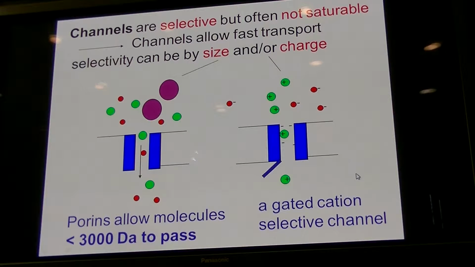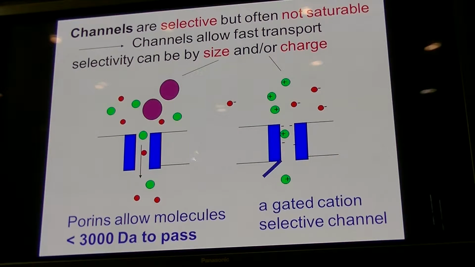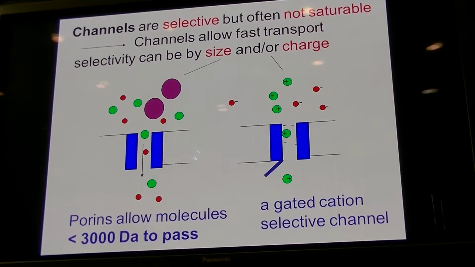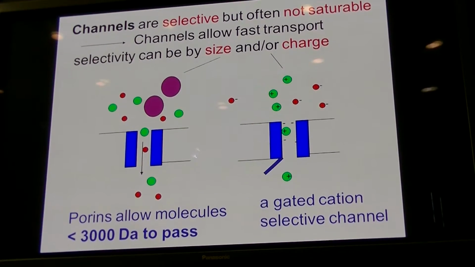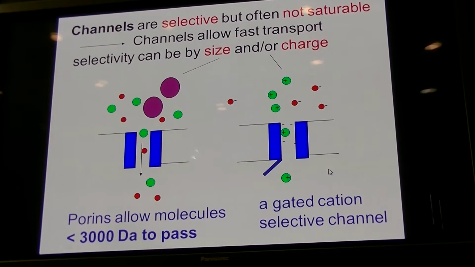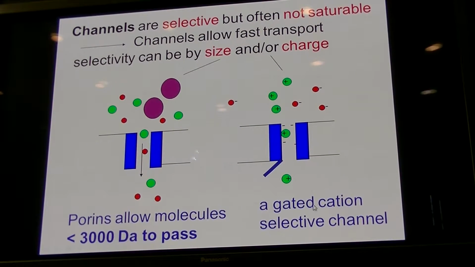So you can have charged selectivity. And if you get a combination of both charge selectivity and size selectivity, then you can actually get very specific channels. So specific for potassium versus sodium, which is different in size. Okay, so we can have selective channels and they can be gated on top.